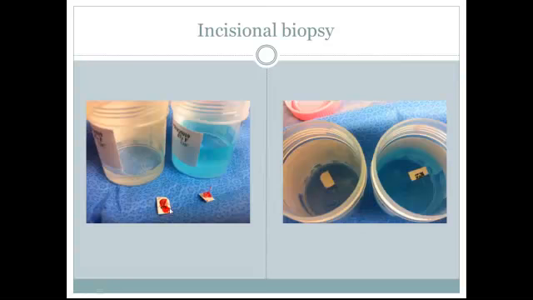And then with the specimen, you can either put the full specimen into a formalin jar, or you can divide it and put a fresh specimen into saline and the other part into formalin. The formalin specimen will be used for histopathology, and the fresh saline specimen will be used for immunofluorescence.